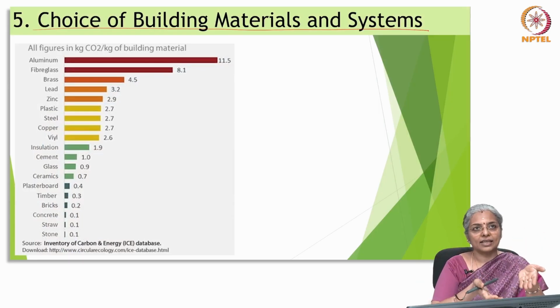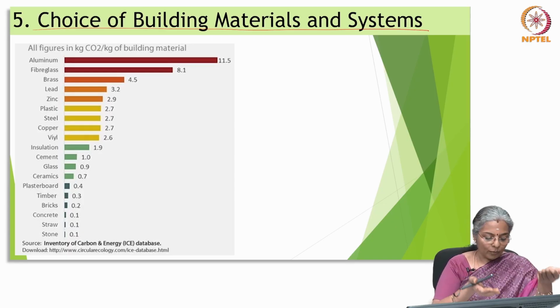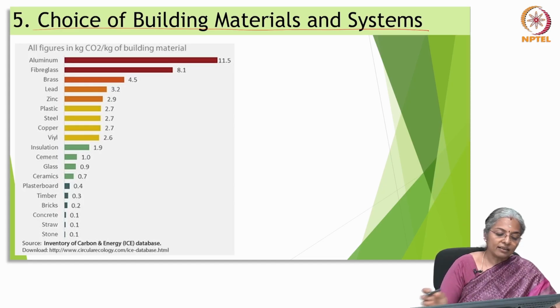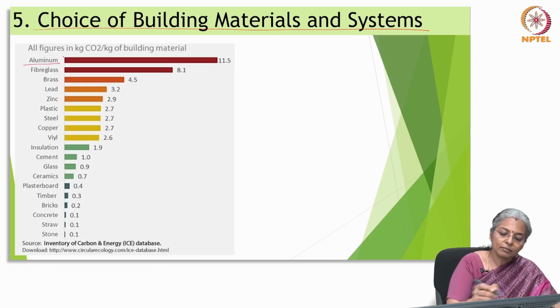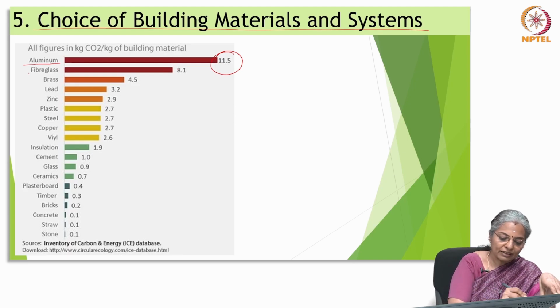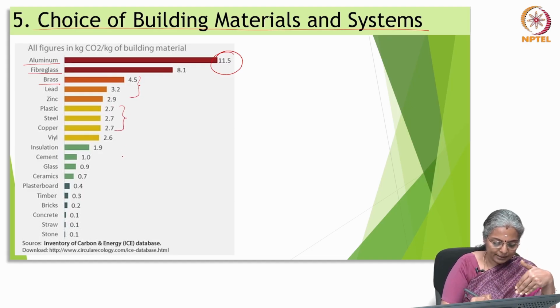You see in this graph the embodied energy of various building materials, and here you can see that aluminum is the material which has the highest carbon dioxide emissions, followed by fiberglass, brass, and a set of metals like brass, lead, zinc. Of course, plastic, steel, copper fall next.